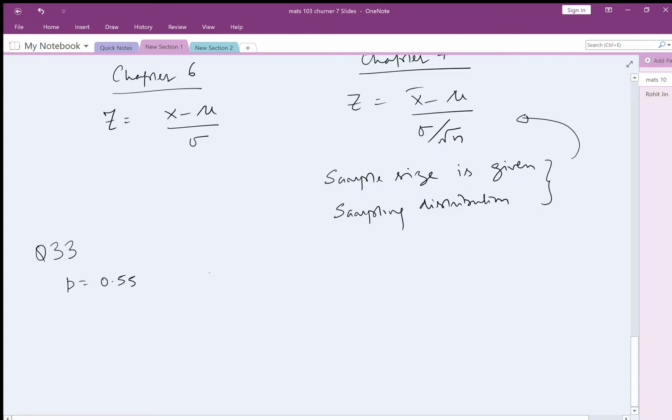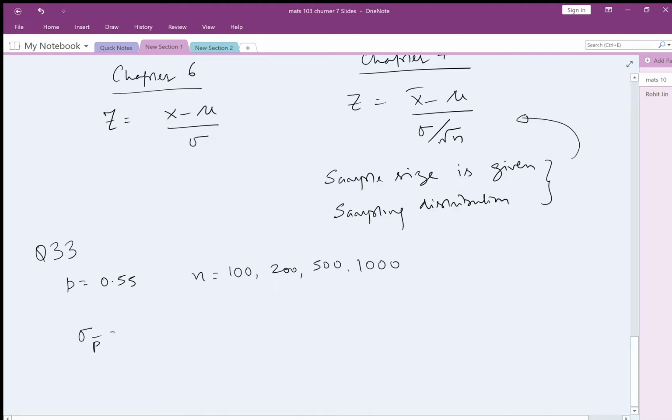So we are given n equals 100, 200, 500, and 1000. Now note that the population size is not given to us, and therefore we are going to assume that the population size is infinite, and we are going to use this formula.